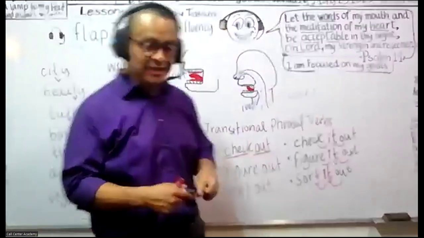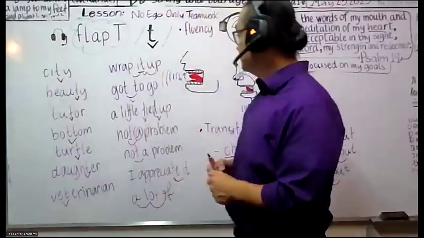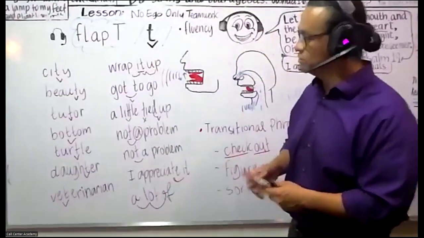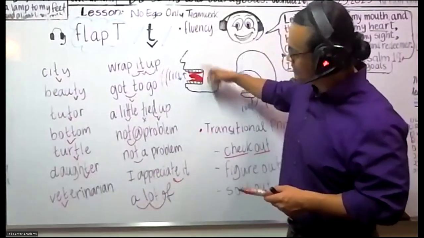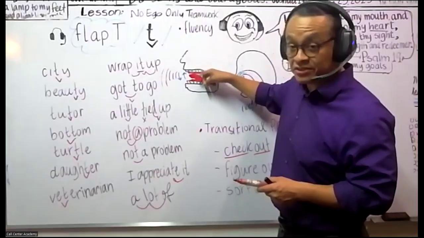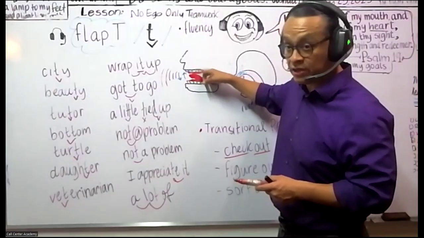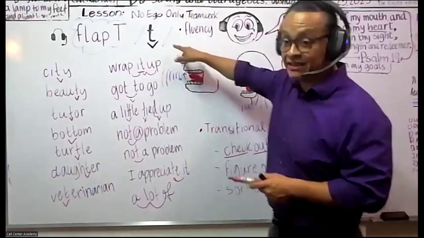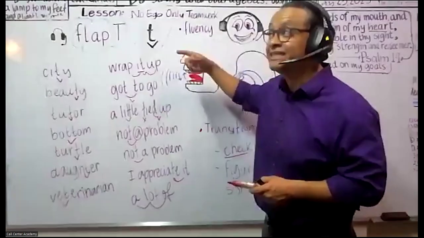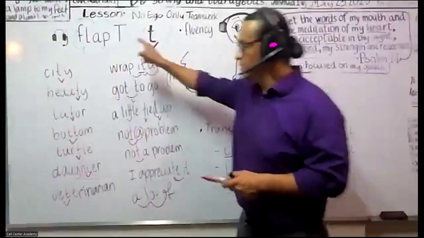But that's the general breakdown of the flap T. Okay, guys? So in short, the flap T is when your tongue quickly touches the palate, the roof of your mouth, to produce that D sound. So it's not the regular T. It's not a British T. We use it in words.